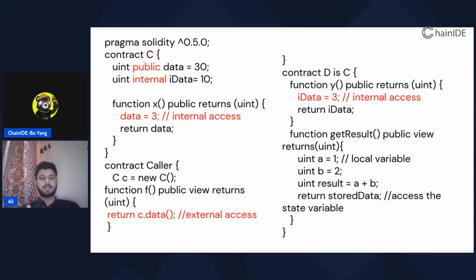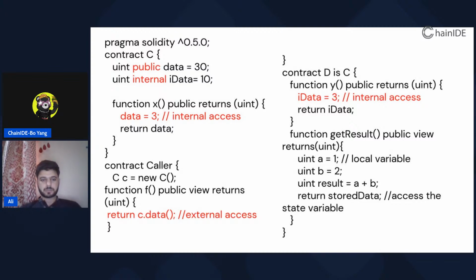Now, external access is not inside the smart contract but in the derived smart contract. Here we have another contract and we derived it from the contract C. Contract C is a parent contract, and here we have a child contract, and we used this data in a derived class.